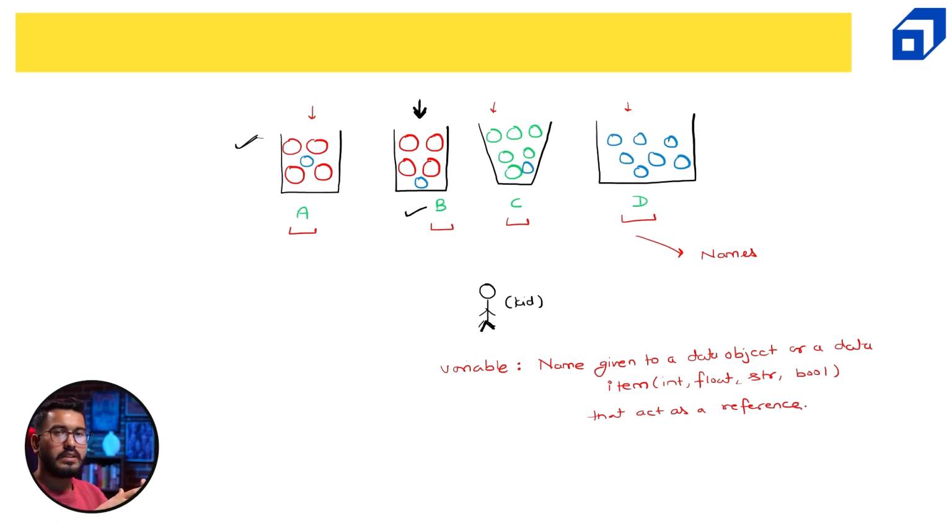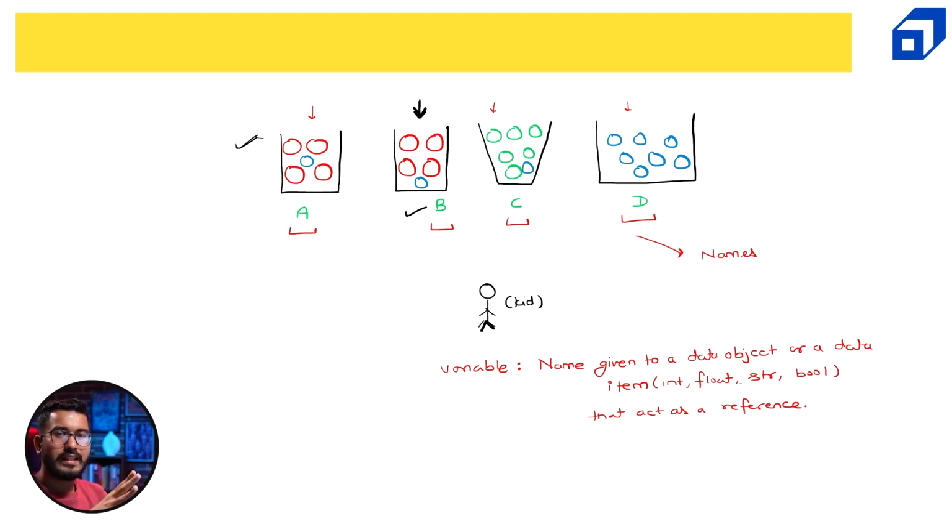So please remember that there is a difference between a data object and a variable. Data object is a container, it holds your data, while variable is just the name or a reference given to a data object or a data item, for example list, float, string, or boolean.